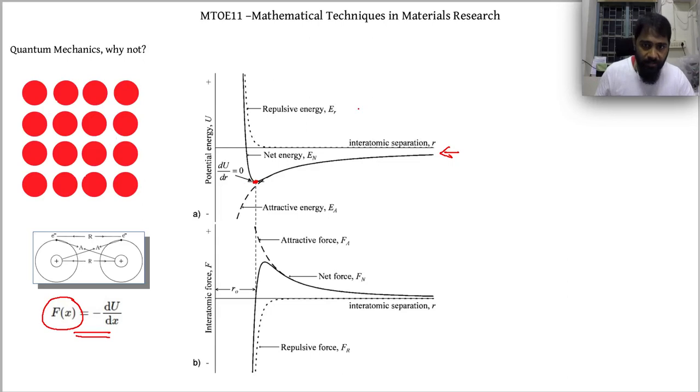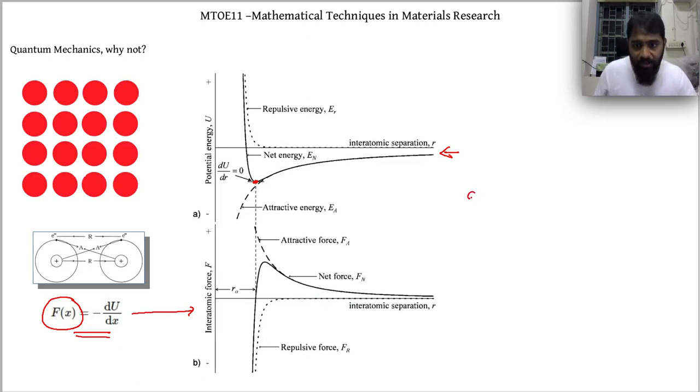Now, using this trend, that is, how the interatomic potential changes, we are able to plot the interatomic force here. The interatomic force is nothing but the derivative of the interatomic potential with respect to position, and the trend of the interatomic force is shown here.